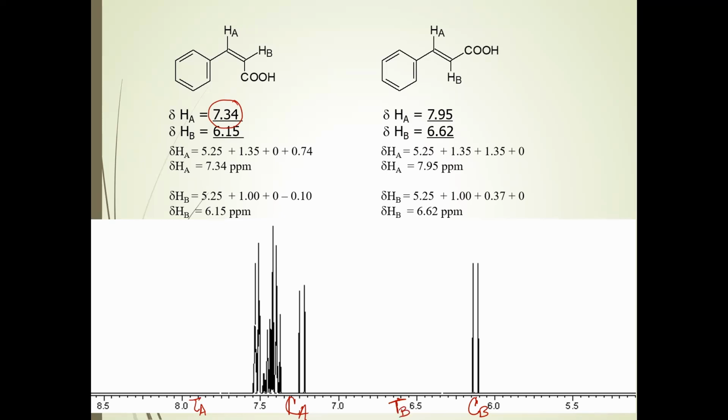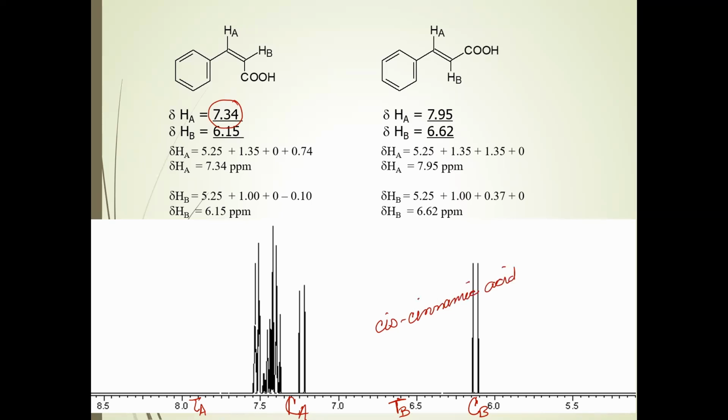And so we can see then that the two peaks, those two doublets for the alkene hydrogens, agree very well with the cis calculations and not for the trans. So we can be certain that this spectrum is for the cis cinnamic acid.